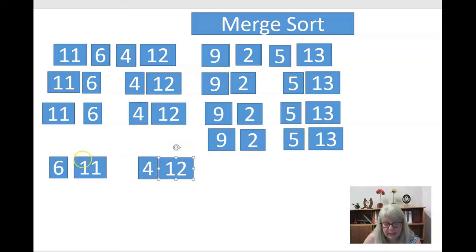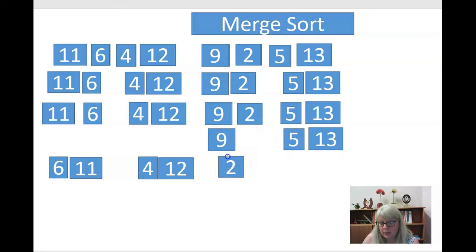Let's just move these closer together because they are technically one list. Now, the same here. Have a pointer in this sublist, have a pointer in this sublist. Take the one with the smallest value, put it in the new list, and put the other one also in the new list. And do the same here.